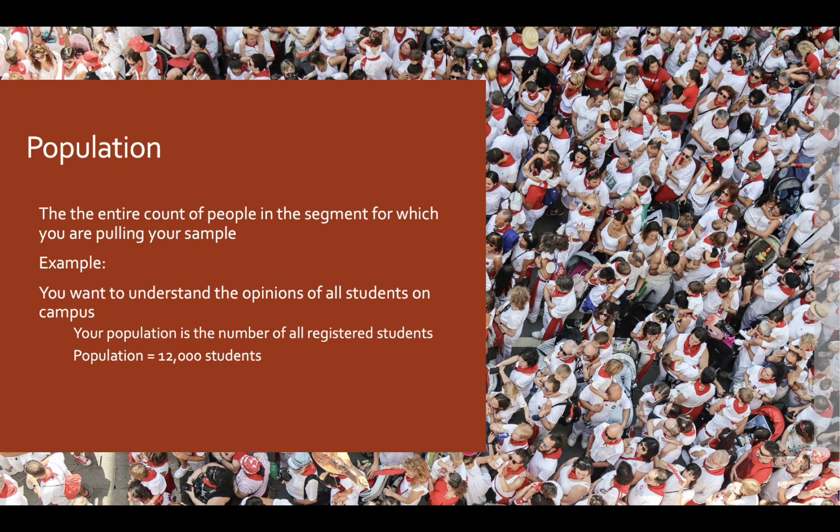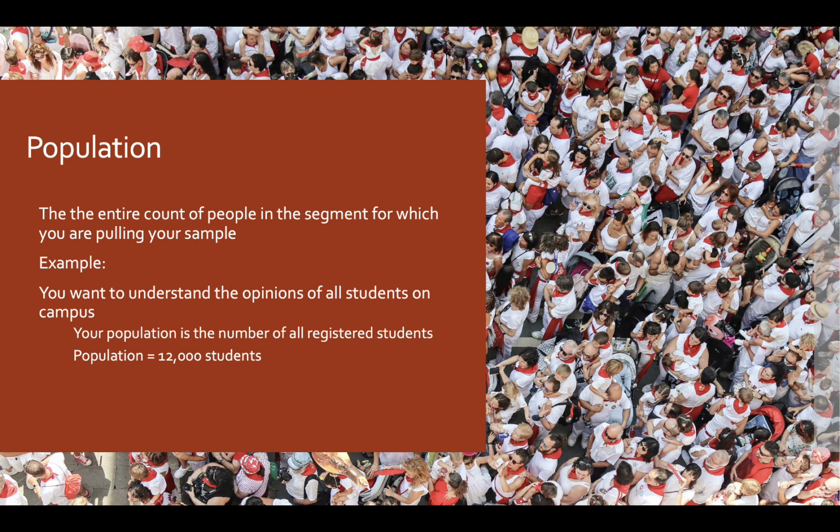So here's an example of a population. Let's say you want to understand all of the opinions of the students on your campus. How do you go about doing that? Well, the first thing you need to understand is how many registered students there are at the time you are doing your research. That might not be really easy to do.